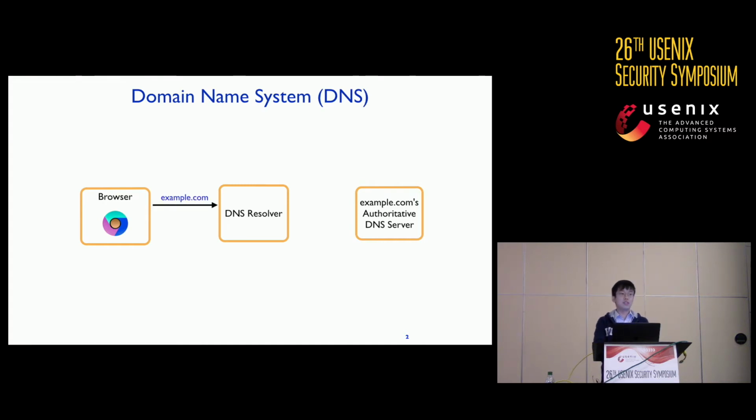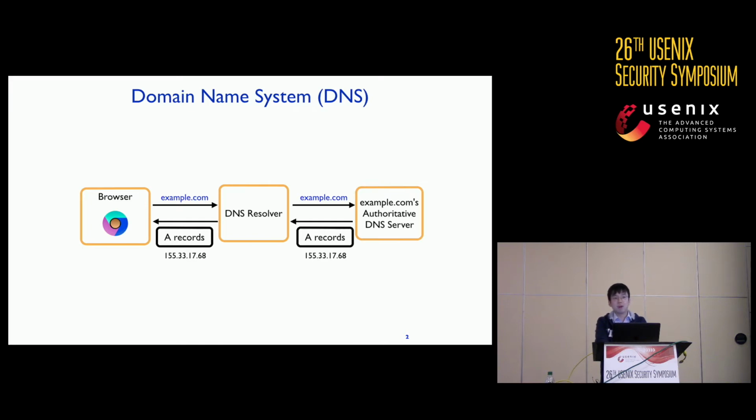It's typically a machine near you that looks up DNS requests on behalf of you. So you type example.com, then your browser sends a request to your local resolver, asking who is example.com, and your resolver will figure that out. The way it figures that out is by using example.com's authoritative DNS servers. And it sends a response back to the resolver, which forwards it to the browser.